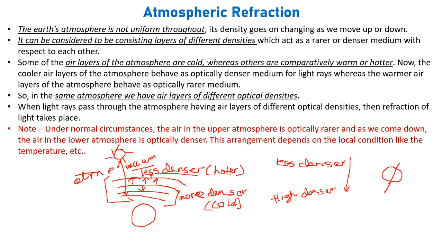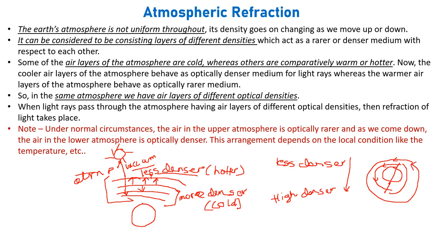So because of the rotating motion of the earth and the revolution of the earth around the sun, because of these two movements, even these air layers keep moving. They are not stable, right?